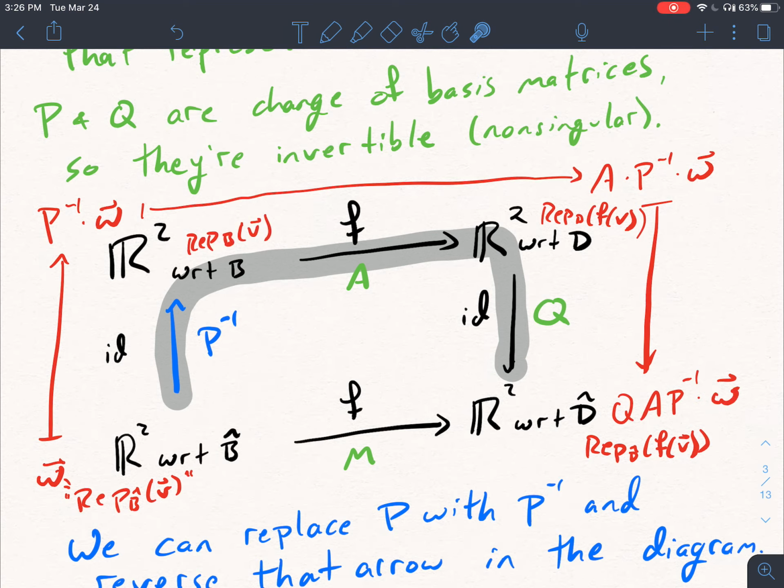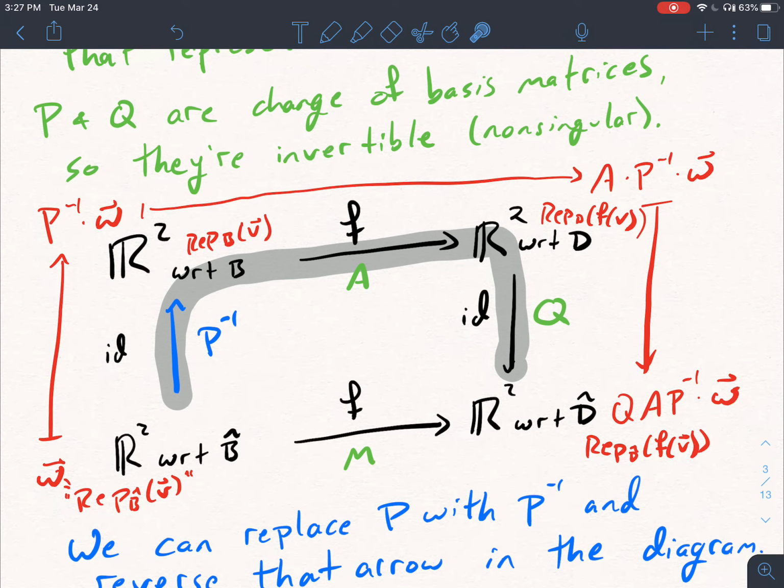Saying that P inverse represents this map right here means that if I take the representation of a vector with respect to B hat, I can multiply it on the left by P inverse and get the representation of that vector with respect to B. Instead of writing the representation of v with respect to B hat, I'm just going to write w.